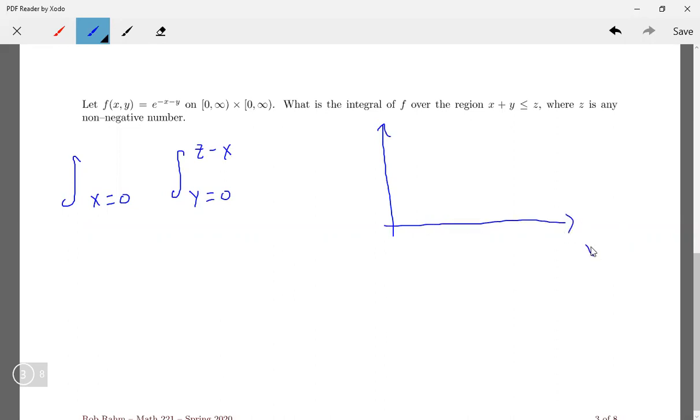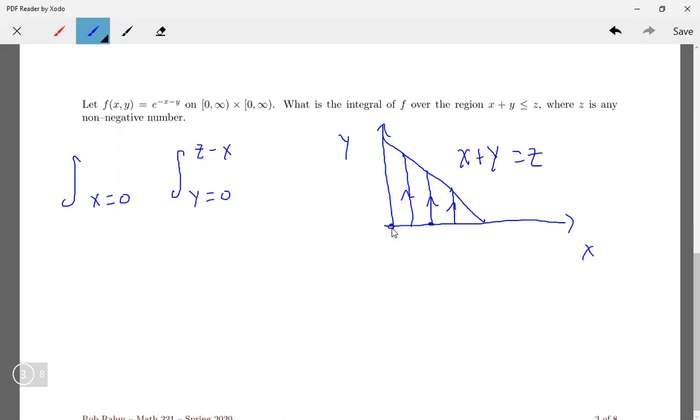So this is the x-axis. This is the y-axis. This is the line x plus y is equal to z. We're doing the y integral on the inside, so it means we're going to have vertical lines like this. Okay, and we know that y is going to go from y equals 0 to z minus x because that's the equation for this line right here.